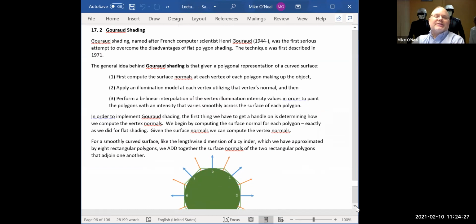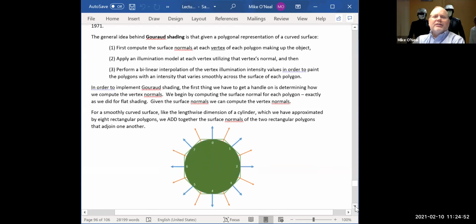The first serious attempt at trying to come up with a shading method to de-emphasize the underlying polygonal mesh was by Henri Gouraud. He's still alive. He was born in 1944, so he's getting up there in years, but he's still with us. And he did this in the early 70s.